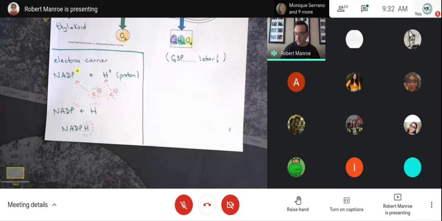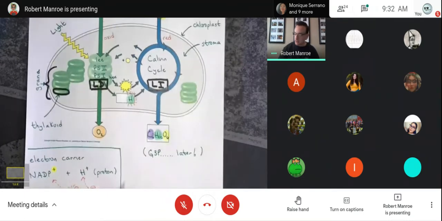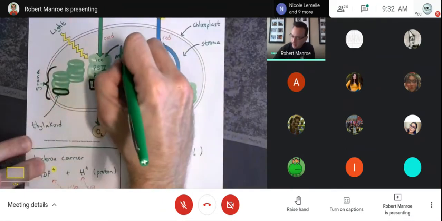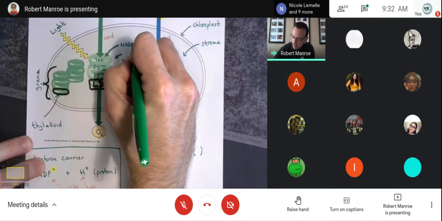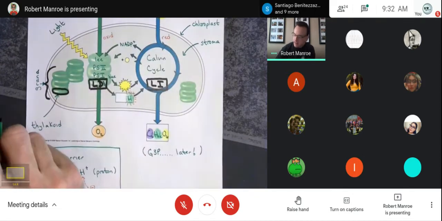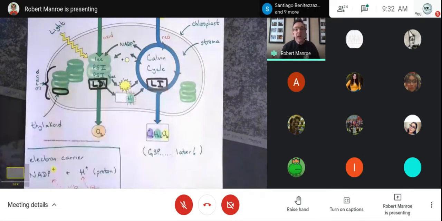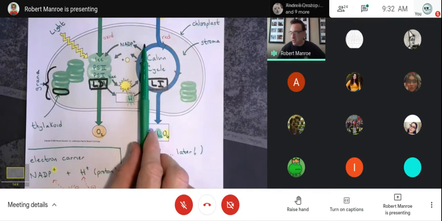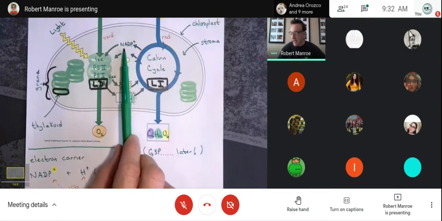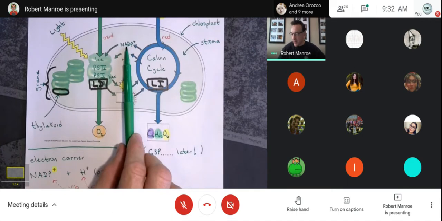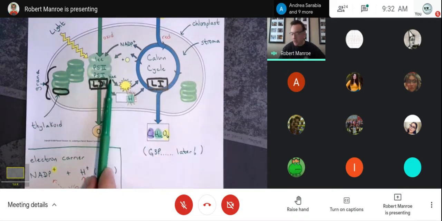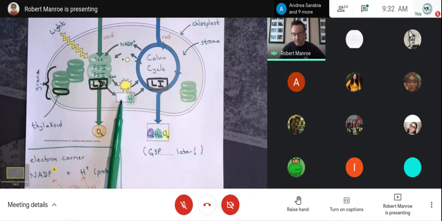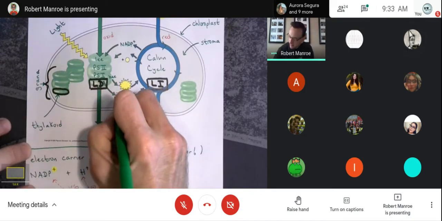Okay. I'm going to write right here NADP plus, and whether or not you add the associated proton is totally up to you. You need to be sure and write NADP plus, and if you want to write the plus H plus, it's fine with me. NADP comes in here, picks up these high energy electrons, and what am I going to write right there? NADPH.